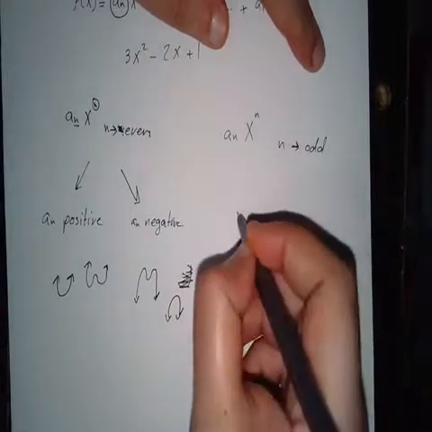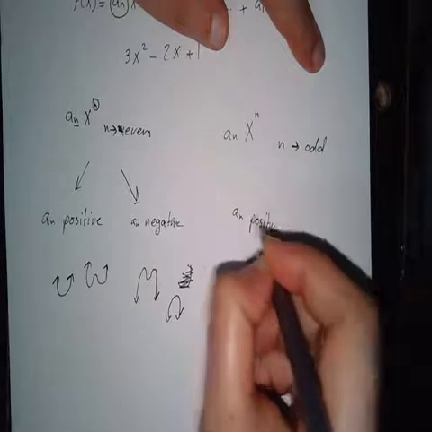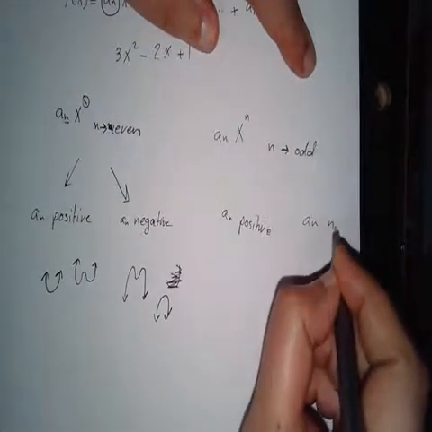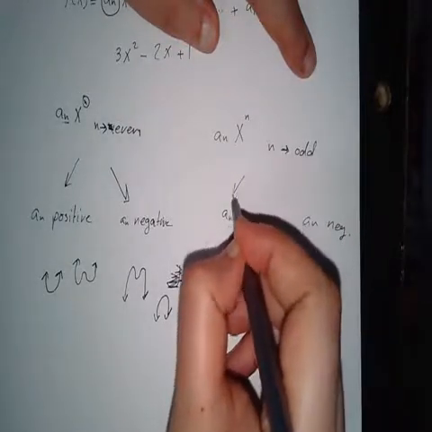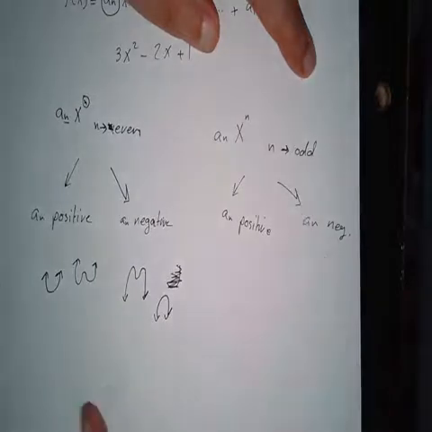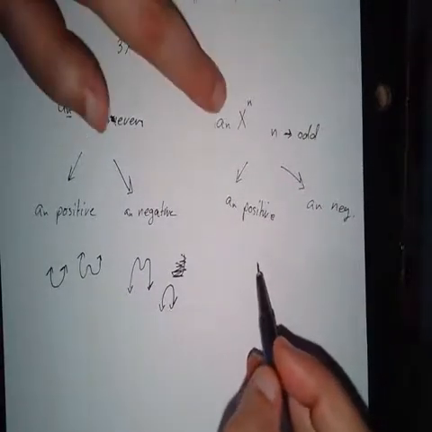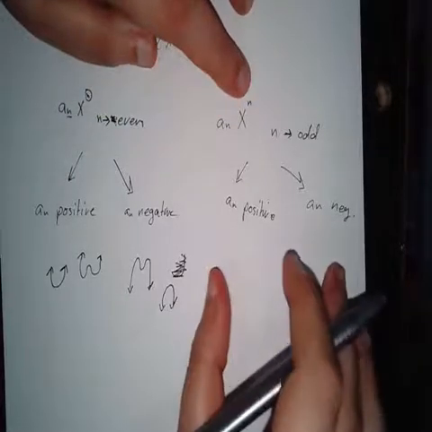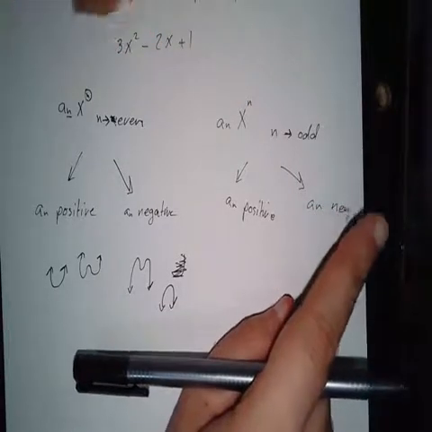Yes? So for this one, you also have two cases. One where a_n is positive, and the other where a_n is negative. Right? So for the first one, when a_n is positive, because this is an odd power, the function is going to have mismatched ends.